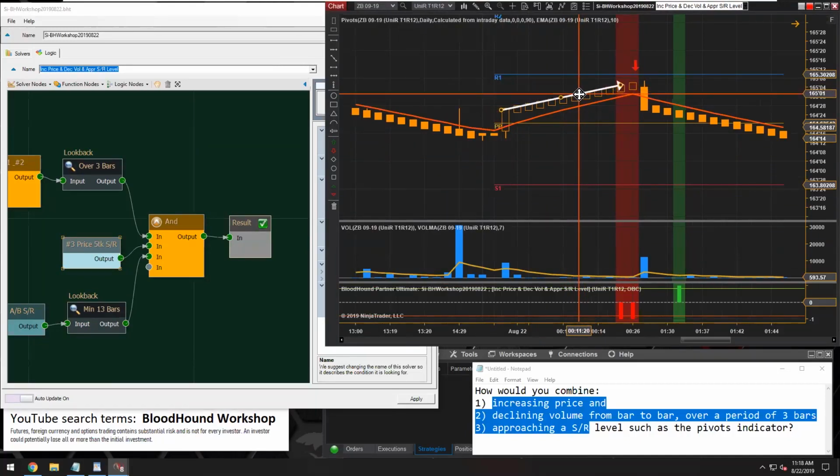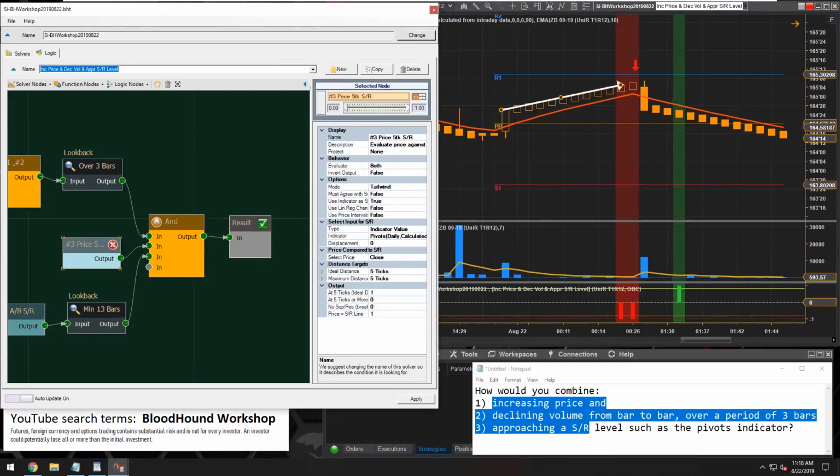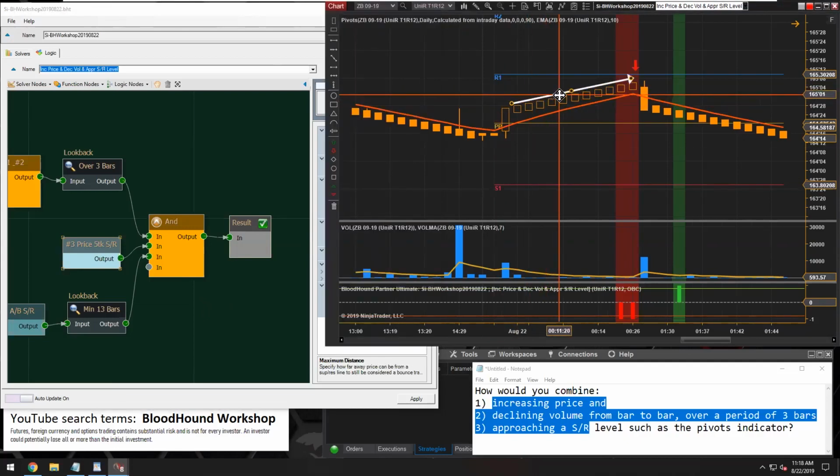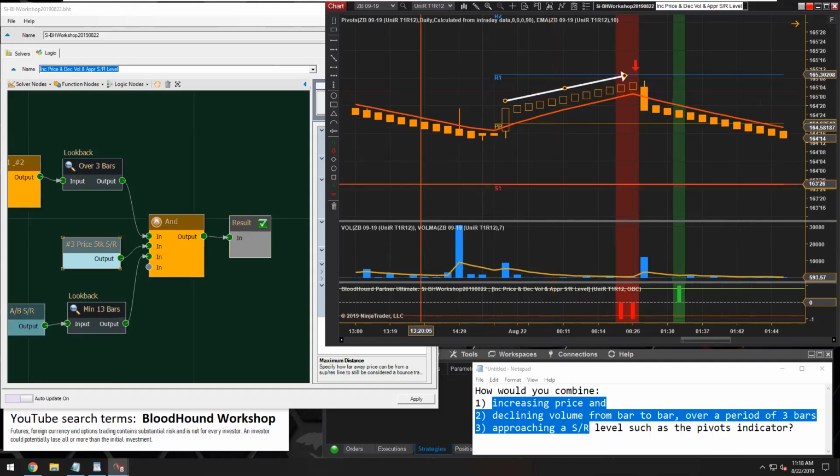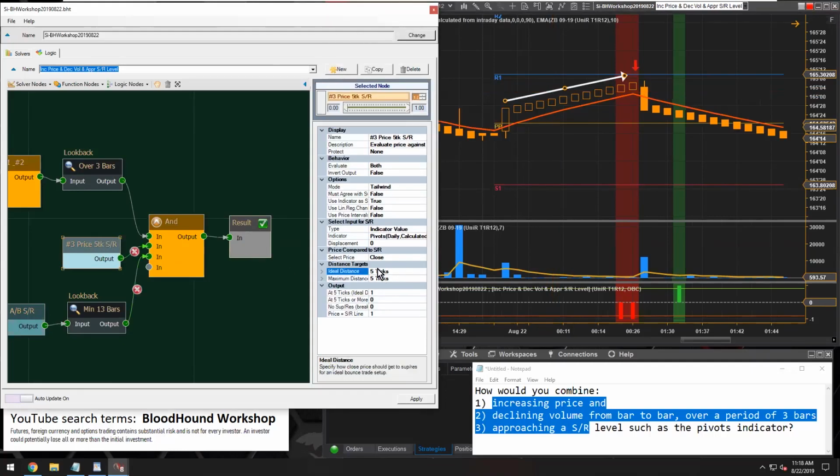That's something subjective that you'll have to determine on your own, what you're comfortable with. Figure out how close you need price to get to your pivot line before you think there might be a bounce. And so I just chose 5 ticks.